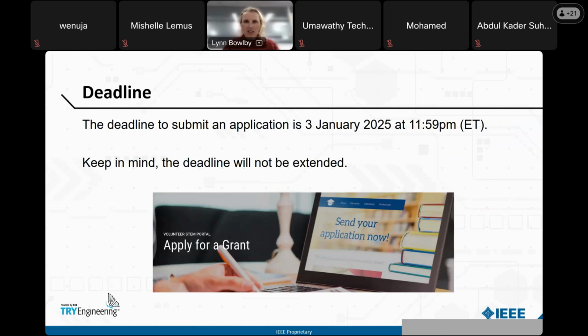We don't suggest that you wait till the last minute. Certainly the platform works well, but we don't want you to get into a situation where you're having some technical issues right at that last minute if you're trying to submit at 11:55 that night. So we're suggesting try to get those in well before that deadline time.